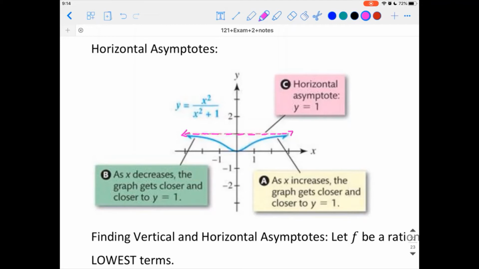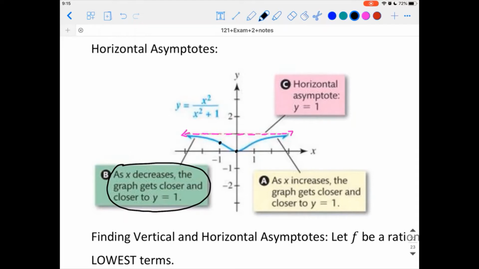So here we go. Let's do this notation here. It says as x decreases, the graph gets closer and closer to y equal to 1. So here, let's say we're at 0. So here at 0, my y is 0.